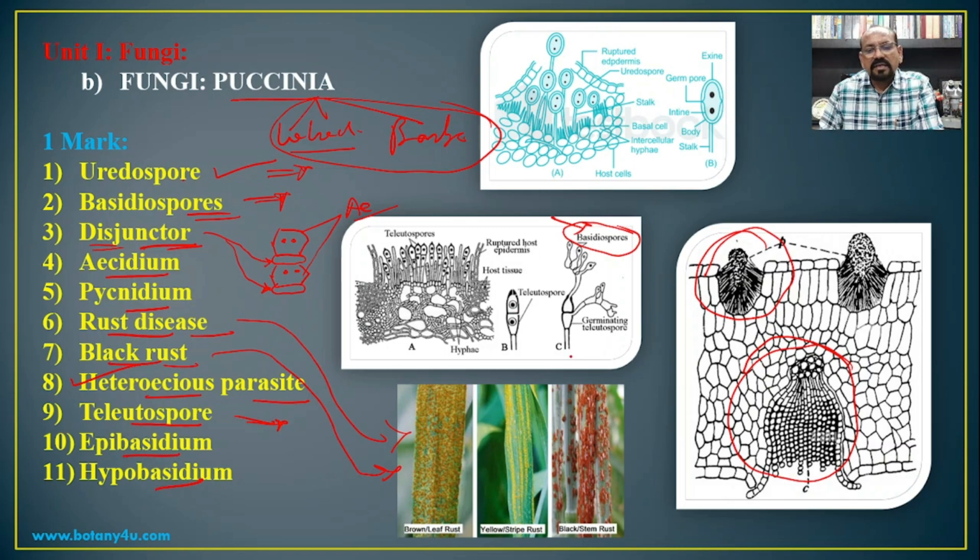If you see this structure of the teliospore, this cell which is involved in the formation of the basidiospores, the lowermost one, is known as the hypobasidium, and this upper tube-like structure, which is responsible for the development of the sterigmata for the formation and release of the basidiospores, is known as the epibasidium. So this way we can say that there are the epibasidium and hypobasidium structures on the teliospores during germination.